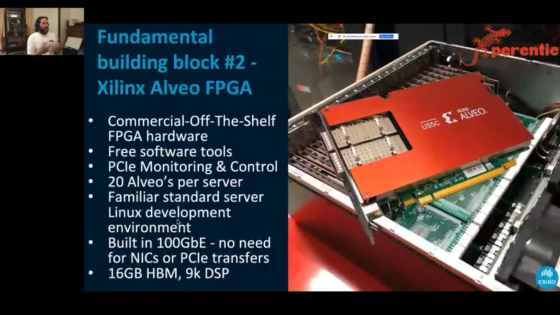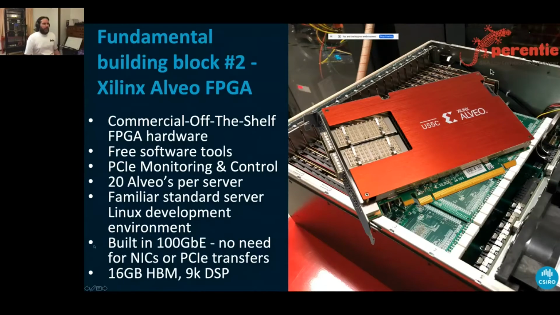The second building block of our solution is using off-the-shelf hardware from Xilinx, or it could be Intel, but we're using Xilinx, called Alveo. It's a series of FPGA cards where you've got two 100 gig Ethernet ports coming in, then you've got an FPGA, and you've got 16 gigs of high bandwidth memory attached to the FPGAs.